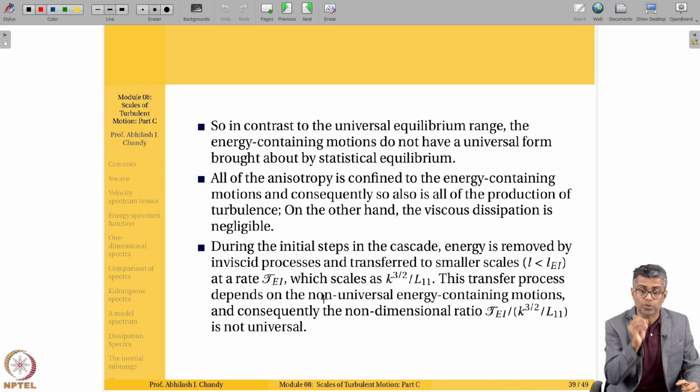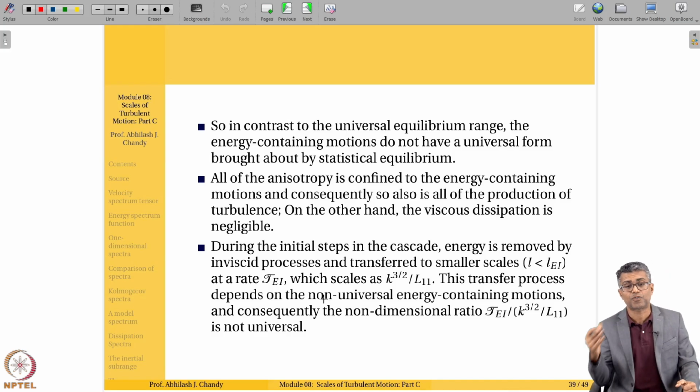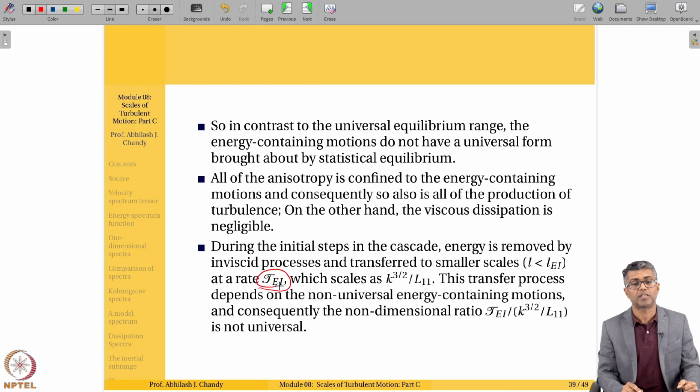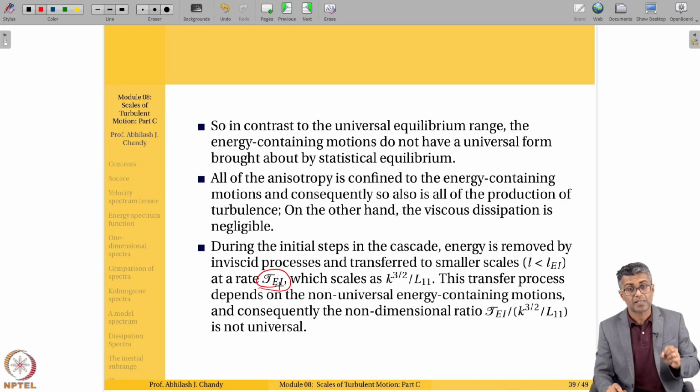which means, as in the initial step, energy is removed from the large scales through this process, and then transferred to the small scales at a rate, let's call it TEI.